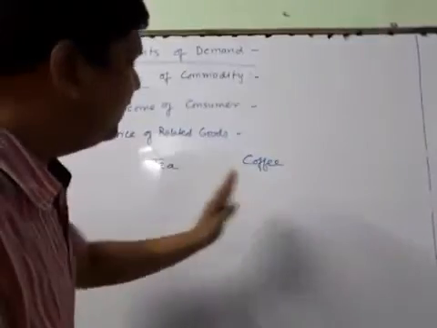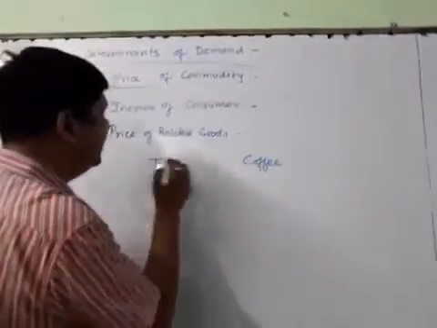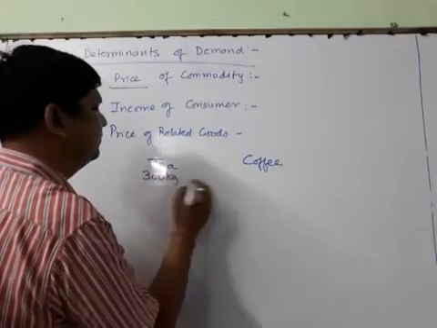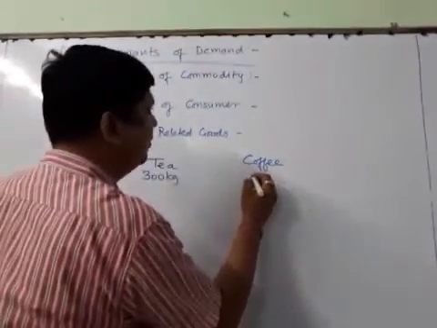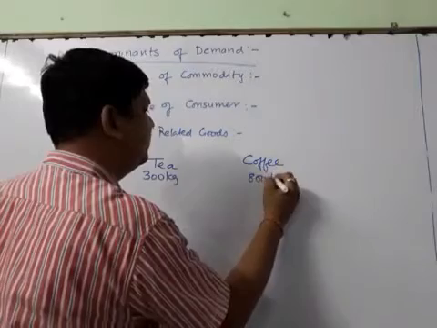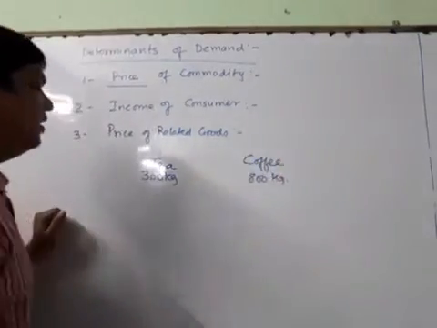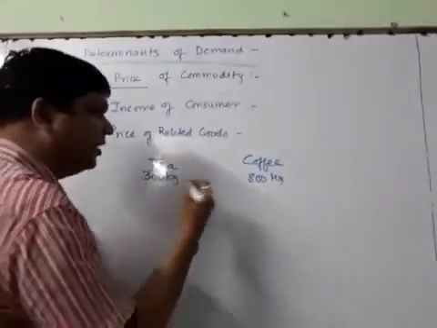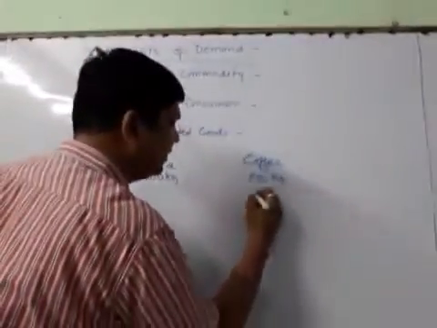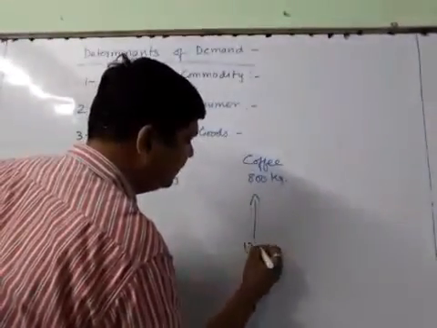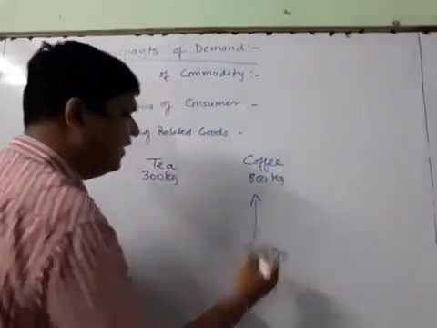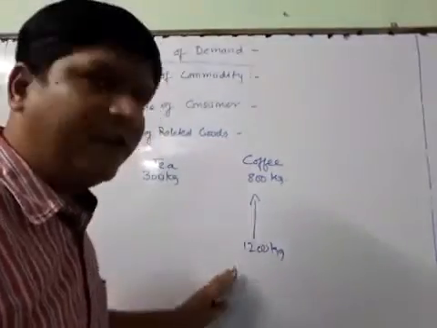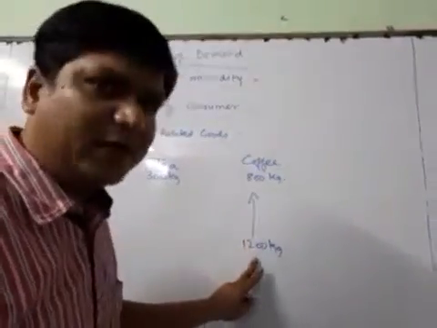Now suppose tea is 300 per kg and coffee is 800 per kg. Now if the price of coffee increases to 1200 per kg.